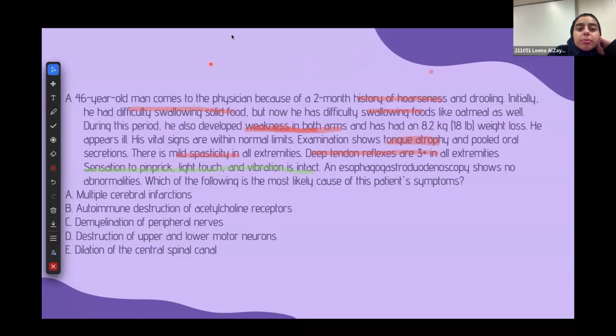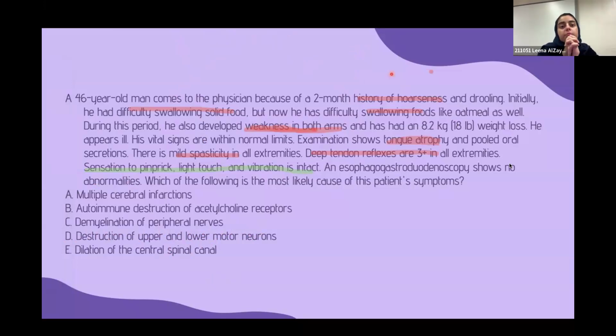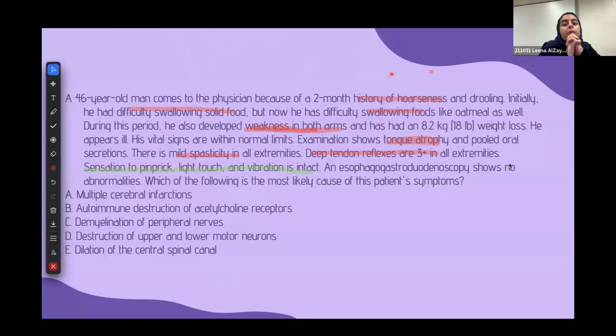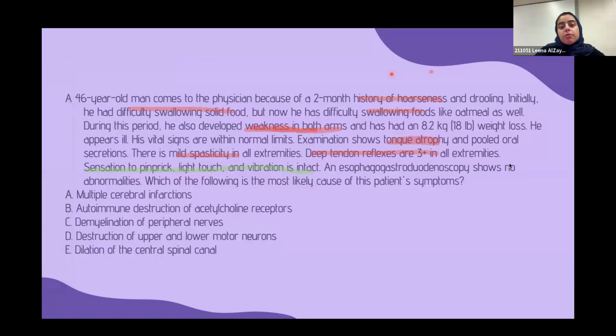I want you guys to tell me. And whoever said C, why do you think it's C? Tell me, prove to me your answer. I want you guys to analyze the question. Because we said we have both spastic and flaccid.